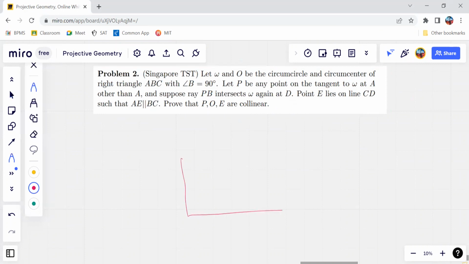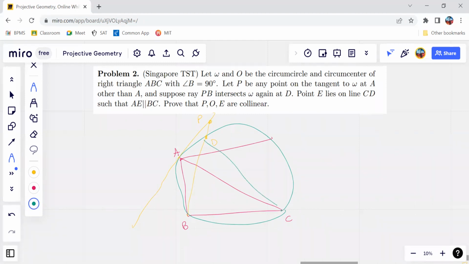I'll draw a diagram. So you want to show this collinearity.